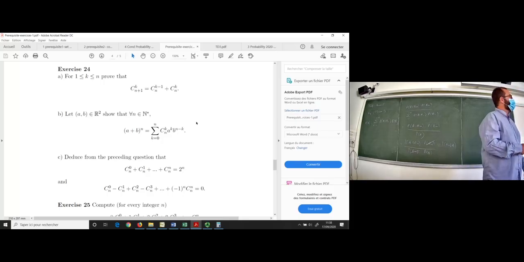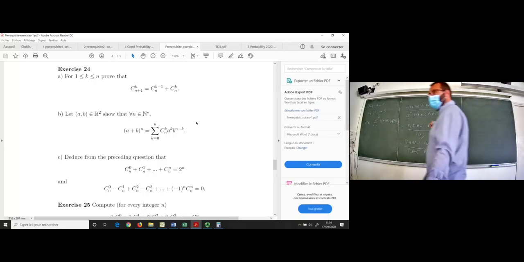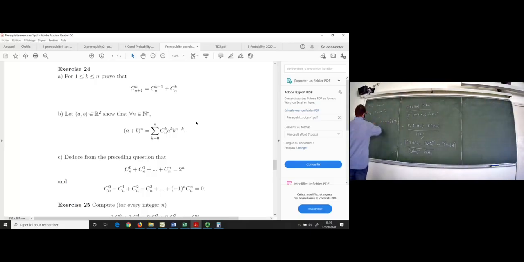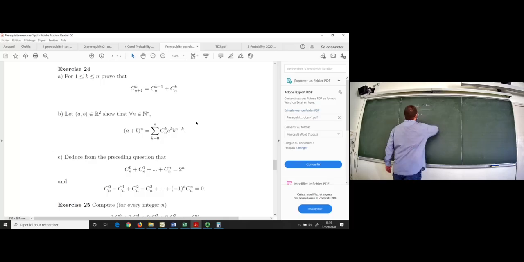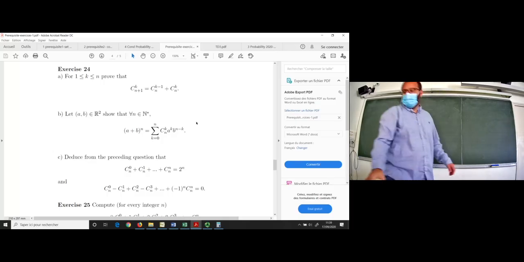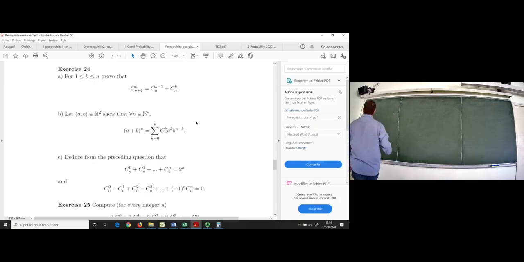So first question, what is this notation here? This notation comes from the slide concerning the prerequisites. It's the combinations. So may I erase my board? Exercise 24 of the summer list.